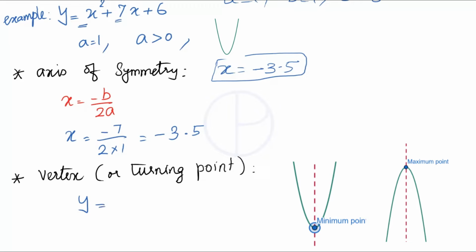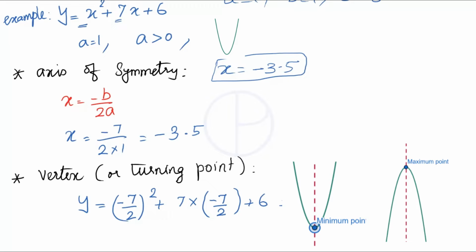y = (-7/2)² + 7 multiplied by (-7/2) + 6.